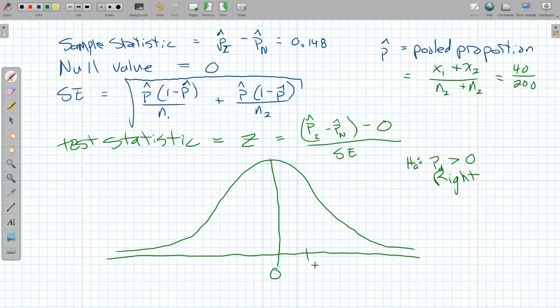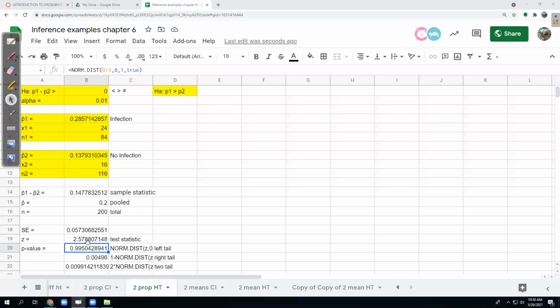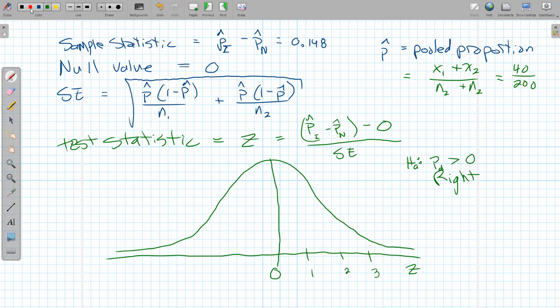There's 1 standard deviation, 2 standard deviations, 3 standard deviations. Those are z-scores. Our z-score is over here-ish. That's outside of 2 standard deviations, in what we call the unusual range. So that is my z test statistic, and I'm just going to call it about 2.6 for now.